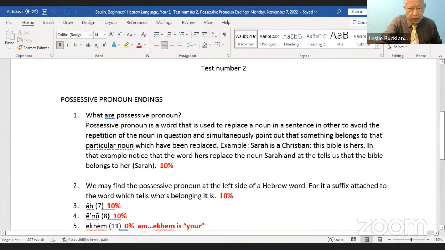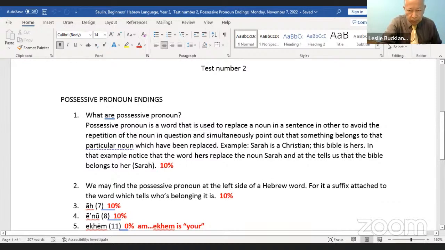Example, Sarah is a Christian, this Bible is hers. This is a possessive pronoun in English. In that example, notice that the word hers replaces the noun Sarah and at the same time tells us that the Bible belongs to her, in brackets, Sarah.